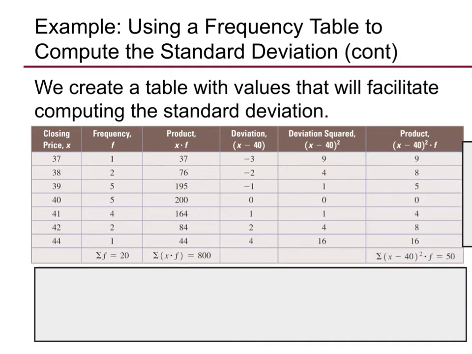The last column of the big table is the product: the deviation squared, the previous column, times the frequency. I'm looking at this column and this column: the deviation squared times the frequency. 9 times 1 is 9, 4 times 2 is 8, 1 times 5 is 5, and so on as you go down.